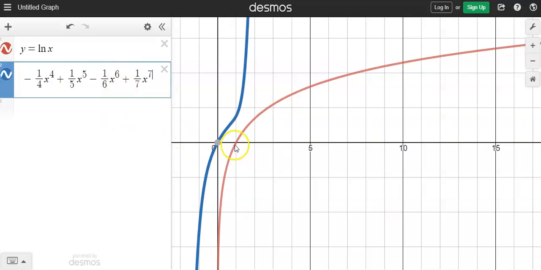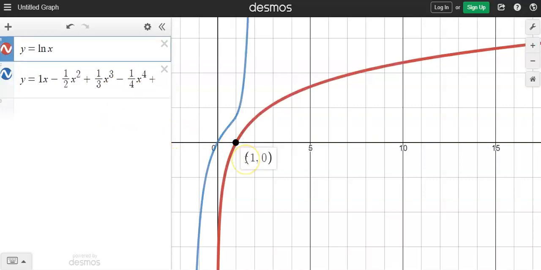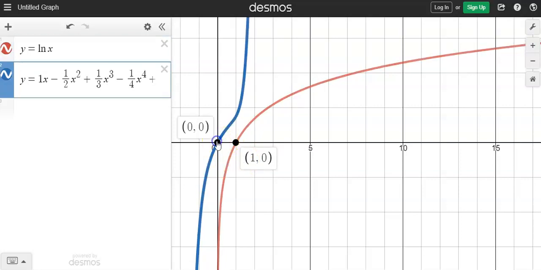Well, maybe you figured it out, but I've been making it a cliffhanger here for you. What's going on is, remember, we had to center our work around x equals 1, not x equals 0. So we need to shift this blue function to the right 1 unit.